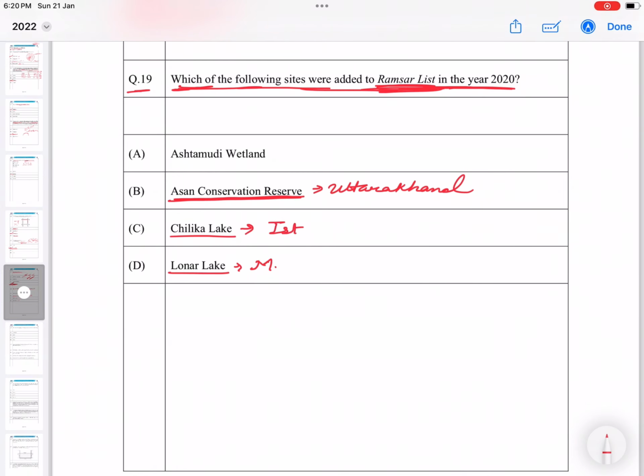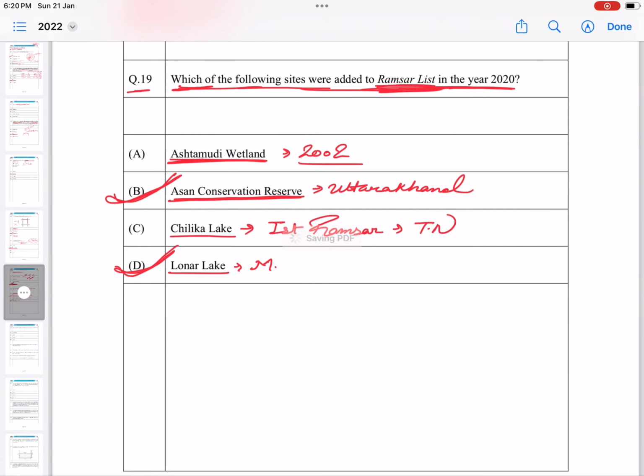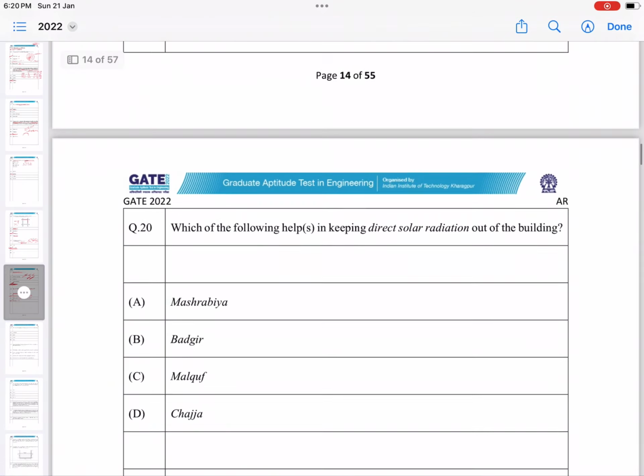What about Chilika? Chilika Lake is the first Ramsar site, and I guess it is in Tamil Nadu. Now Asta Mudi wetland was added in 2002. So the correct answer is B and D.